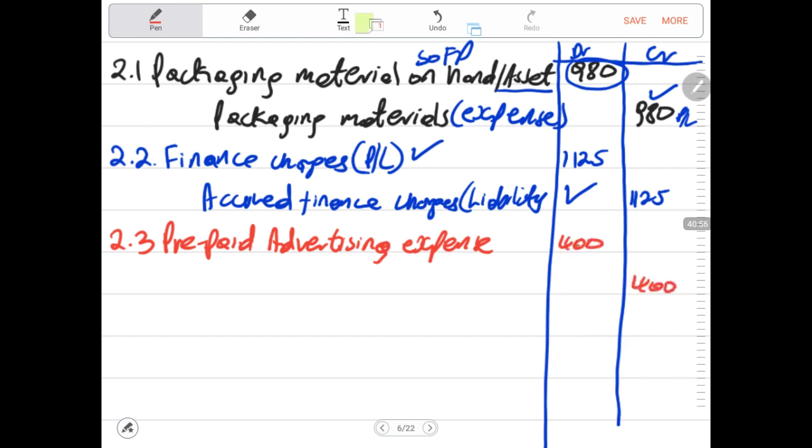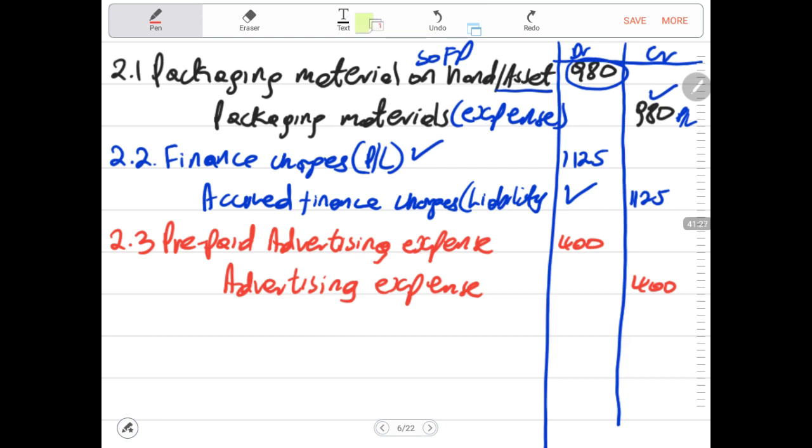And we credit advertising. Why do we credit advertising? Because the amount of advertising that is in the pre-adjustment trial balance is more than it's supposed to be. That means our advertising must decrease by 400. And how do we decrease advertising? You record it on the credit side. Why? Because advertising is an expense, and expenses decrease on the credit side.